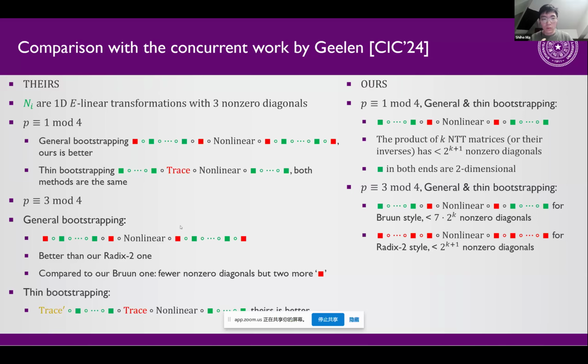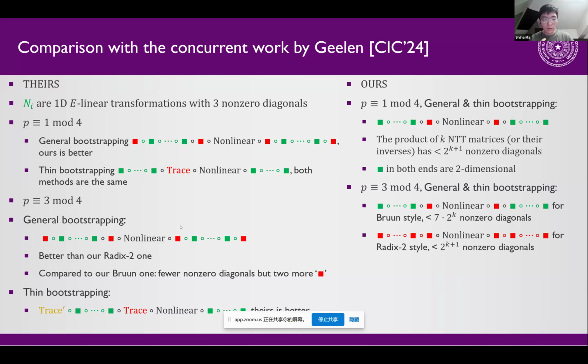And when p equals 1 modulo 4, for general bootstrapping, both methods have the same number of non-zero diagonals, but their method requires 2 more red blocks, which means our method will be faster. And for thin bootstrapping, both methods are the same, and the trace map they used here is just identical to the Rm map.